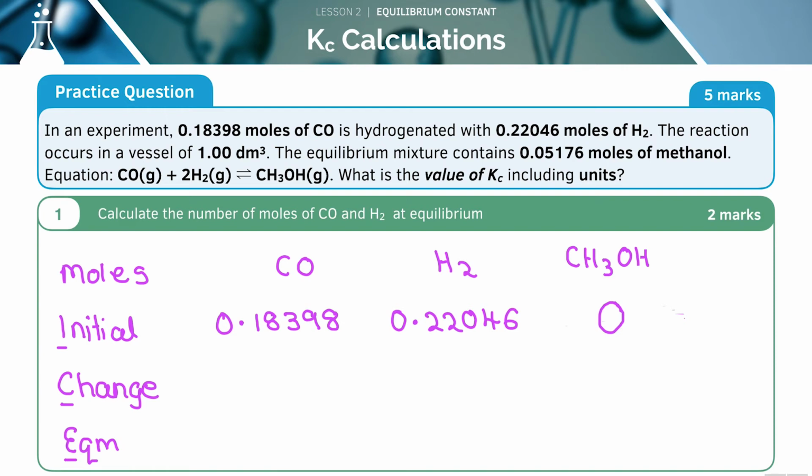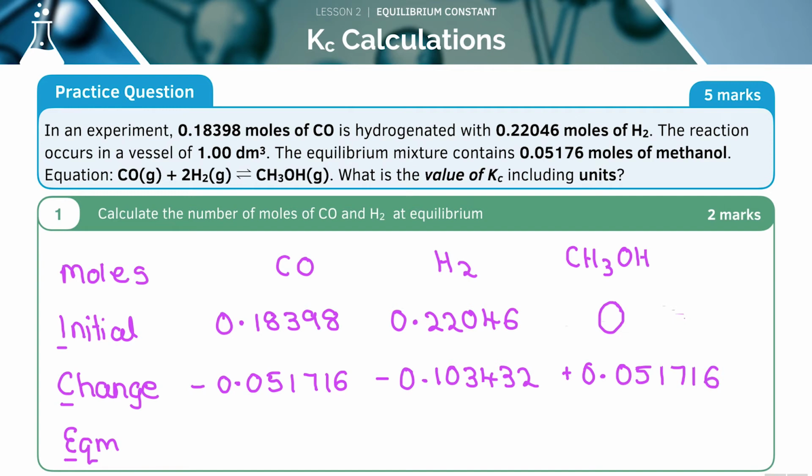Now we can calculate our change, which will be minus 0.051716. For H2 it will be minus 0.103432, and for CH3OH it will be plus 0.051716.